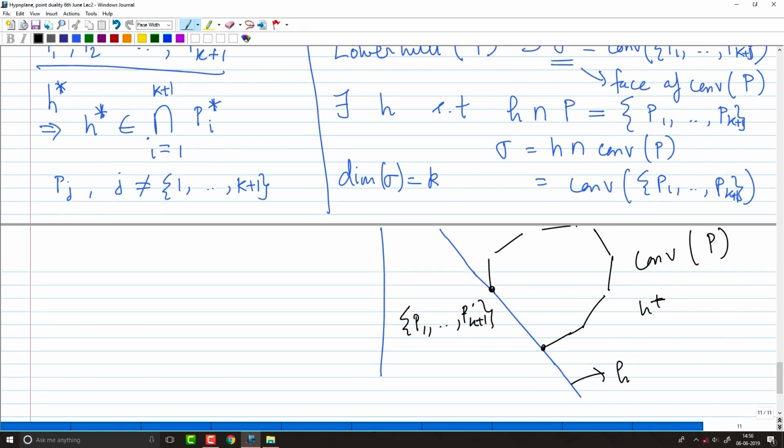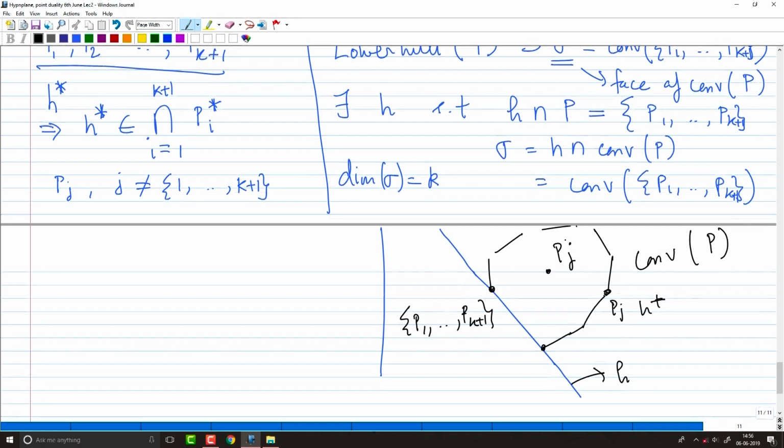All of P1 to Pk plus 1 belong to this hyperplane H. Any other Pj can be inside, Pj can be here. It's a convex hull, right, it can contain points inside also.